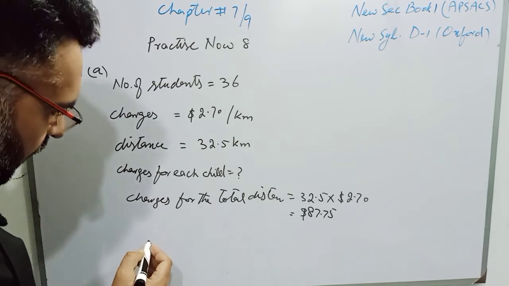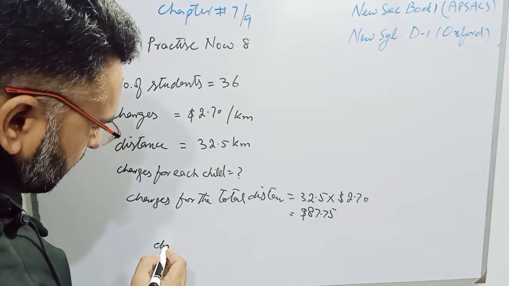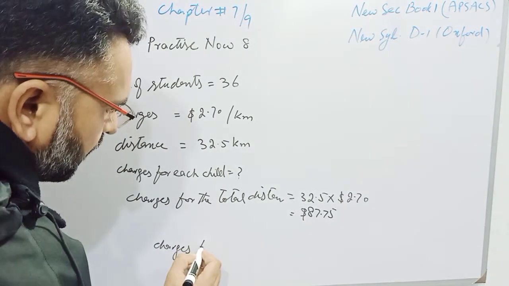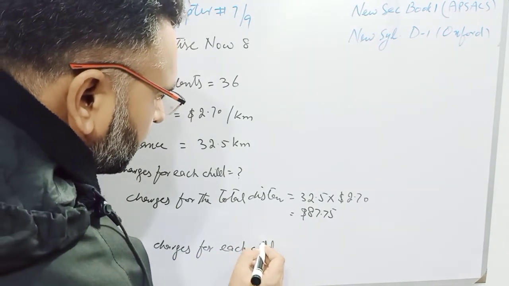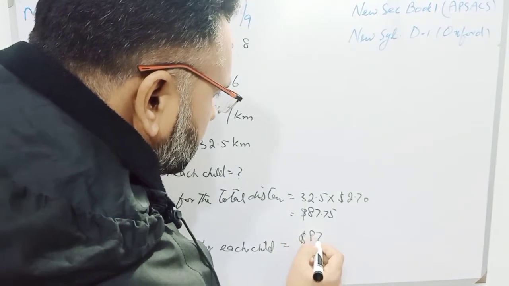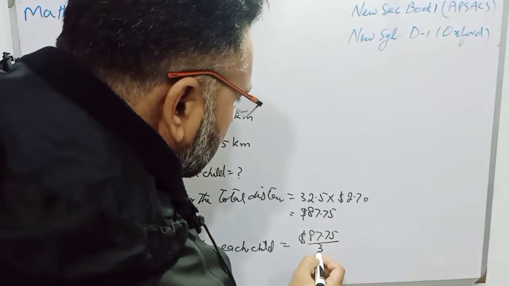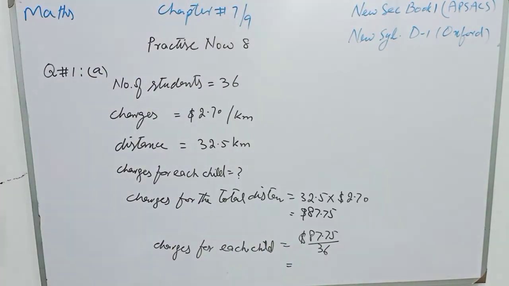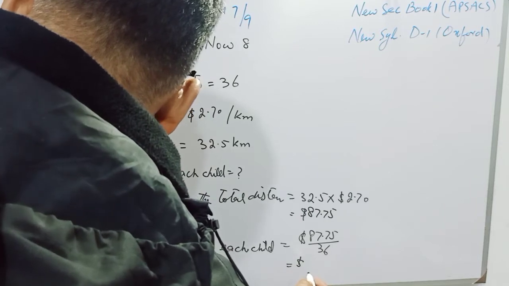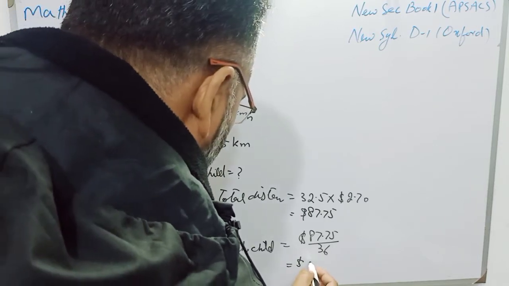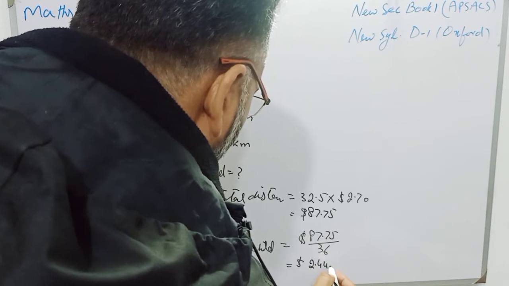So charges for each child will be $87.75 over 36. Now divide 87.75 by 36, and the charges for each of the children will be $2.44 approximately.